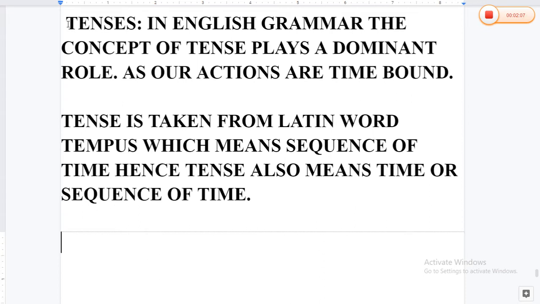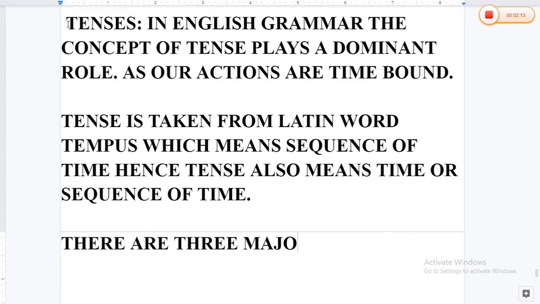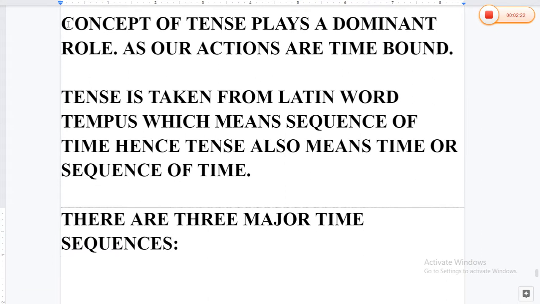There are three major time sequences: present, past, and future.